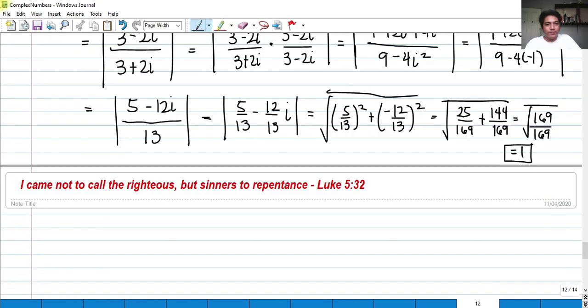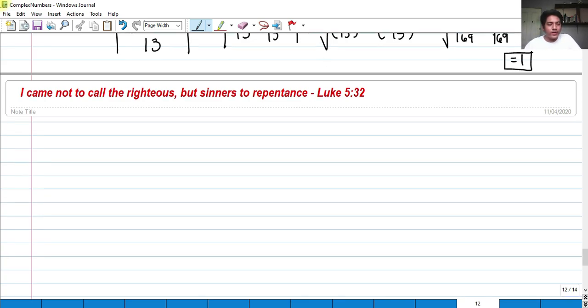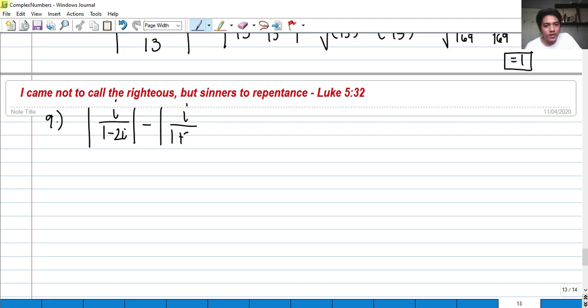And down for our last problem for this video. Okay, so for number 9, we have i over 1 minus 2i, modulus of i over 1 minus 2i, minus the modulus of i all over 1 plus 2i. The same process. We multiply it by its conjugate, the conjugate of the denominator.